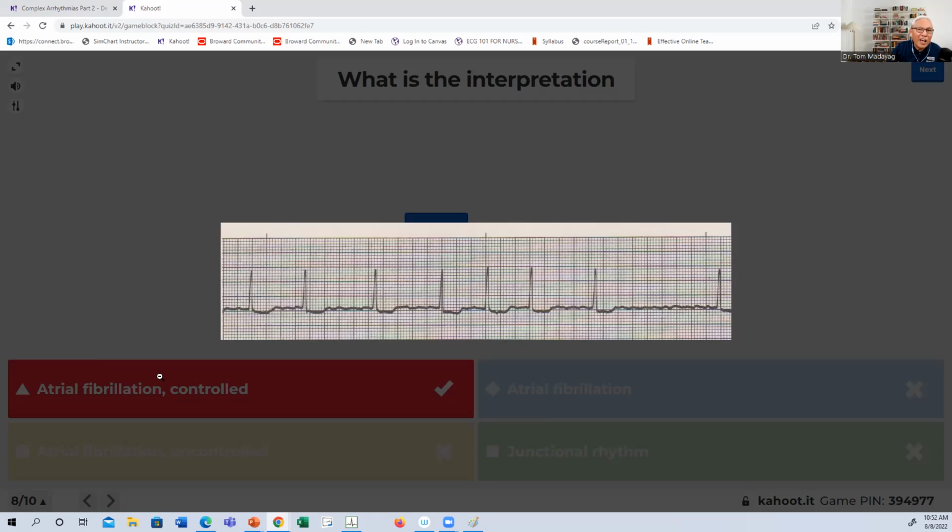Third, a non-identifiable P wave. So this is clearly atrial fib. And because the rate is between 60 to 100, we call this a controlled atrial fib. If the heart rate is greater than 100, then we call this an uncontrolled atrial fib.